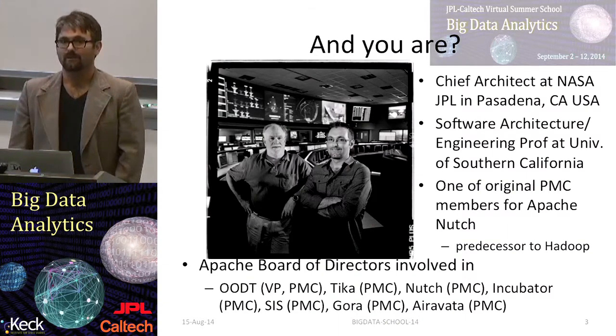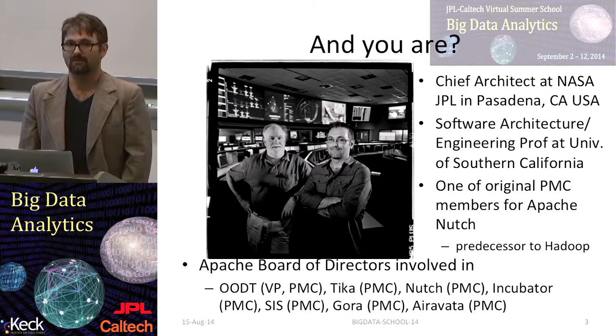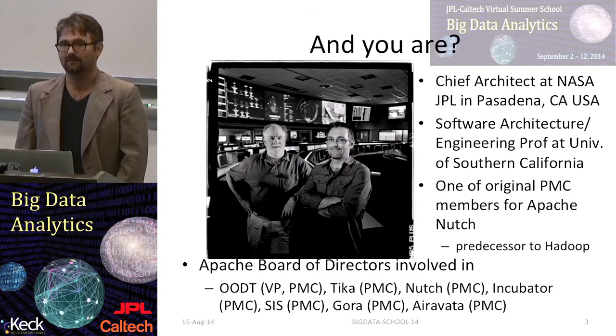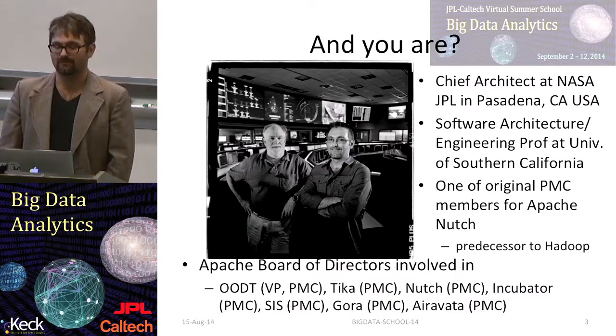It's also home to emerging big data technologies like Spark and Shark and Mesos, which are in-memory data analytics. And so you should be interested in those types of things if you're interested in big data.